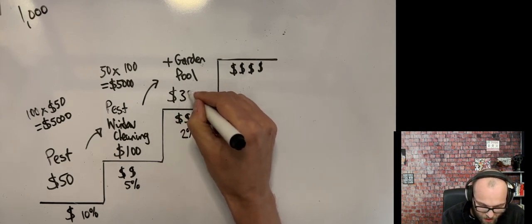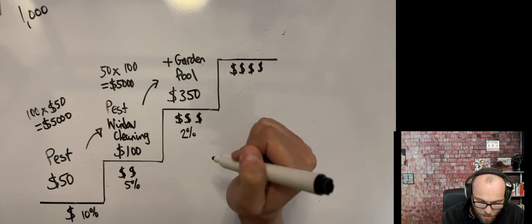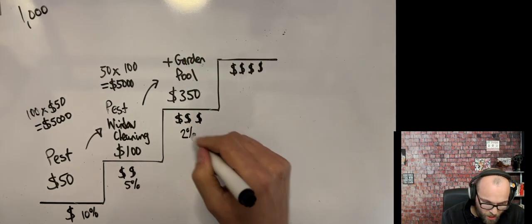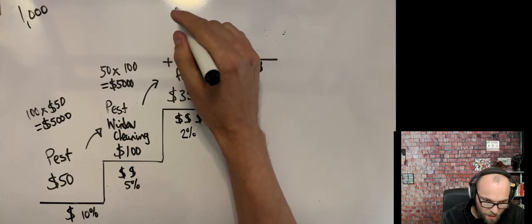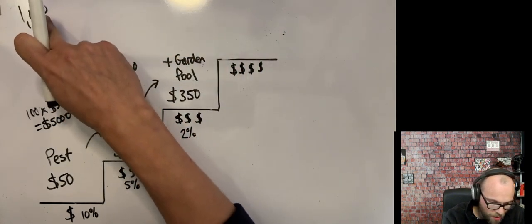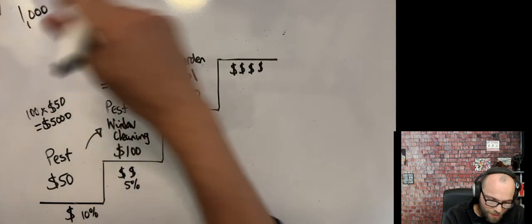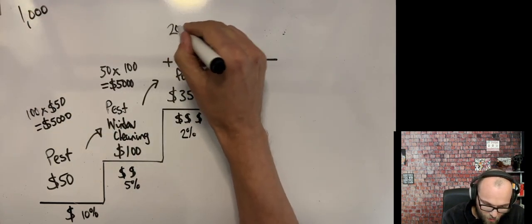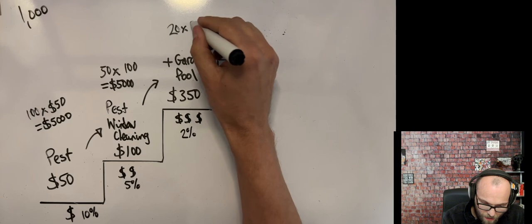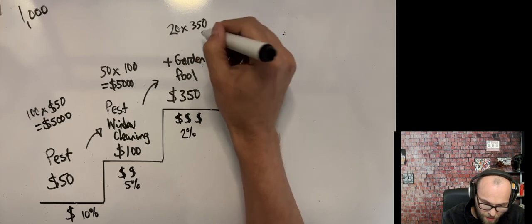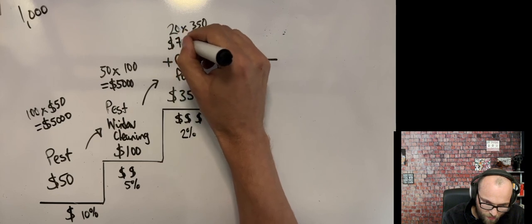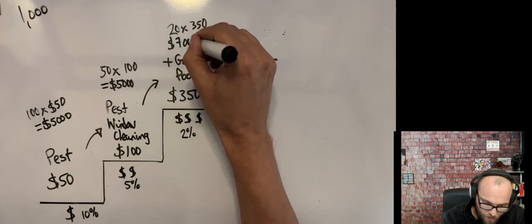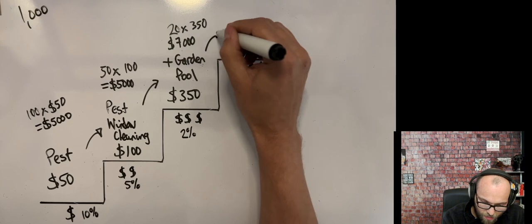So we're going to say it's $350 a month. 2% of 1,000 would be, what did I say there? That'd be, I can't do math. That'd be 20 people. 20 times 350. That'd be 3,500. That'd be 7,000. But we don't stop there.